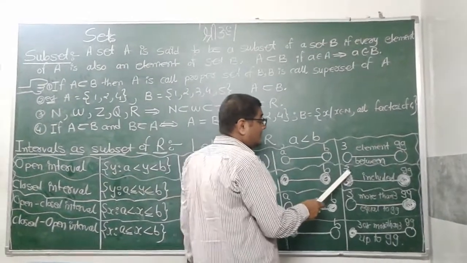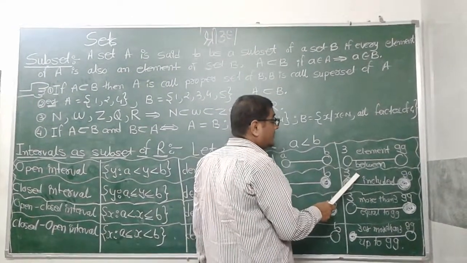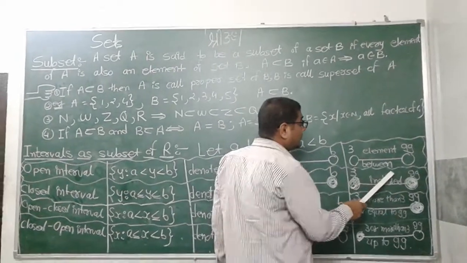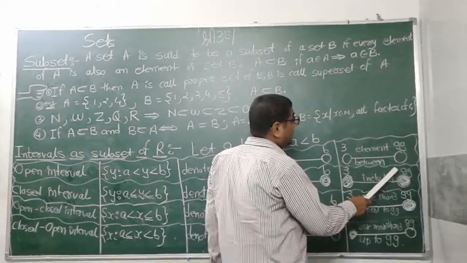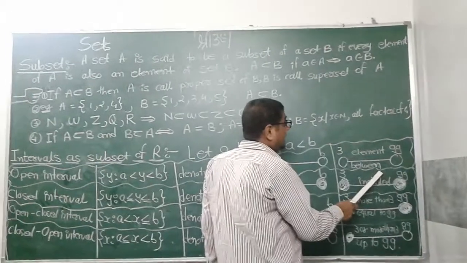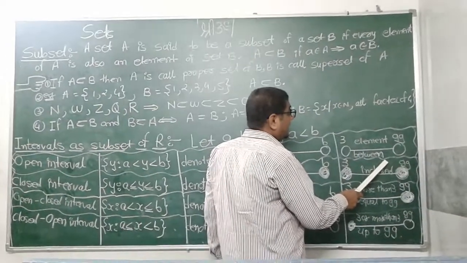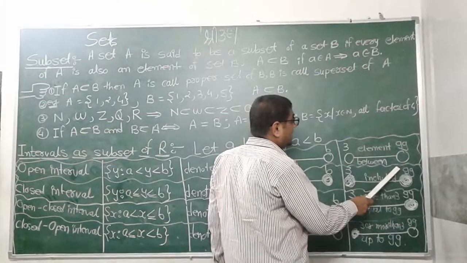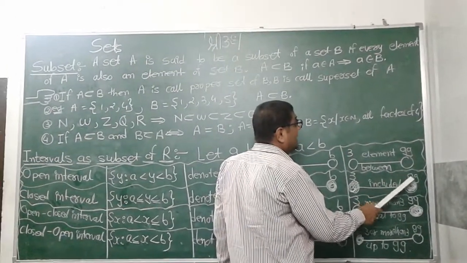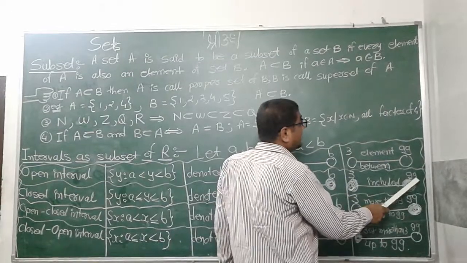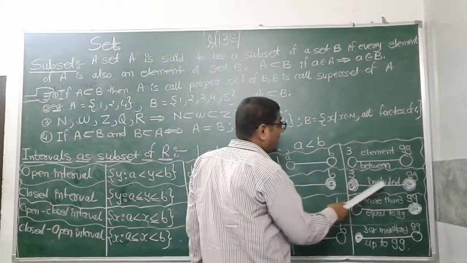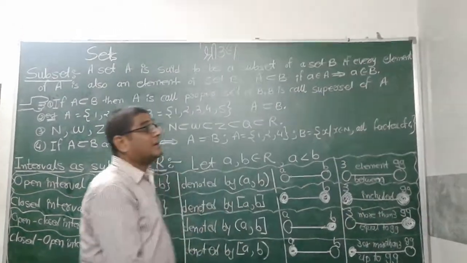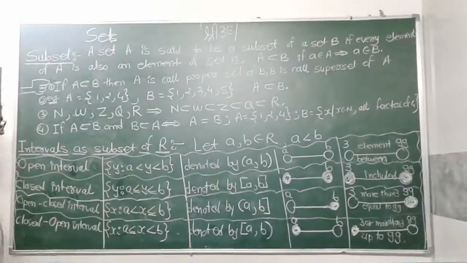Here we start from 3, 3.1, 3.2, 3.3 and so on, going up to 88, 89, 89.9, 89.99, and at last 99. Both the boundary points, lower as well as upper, are included.